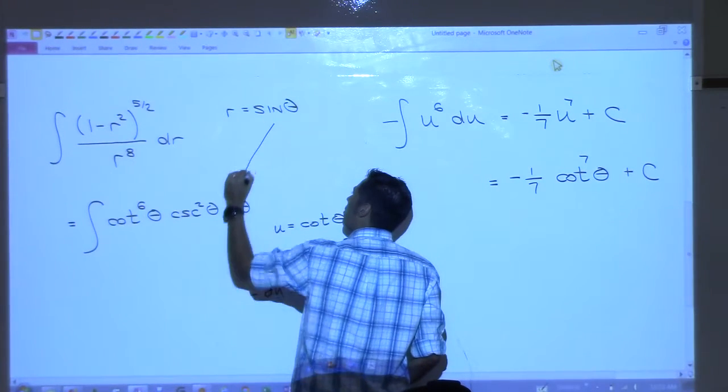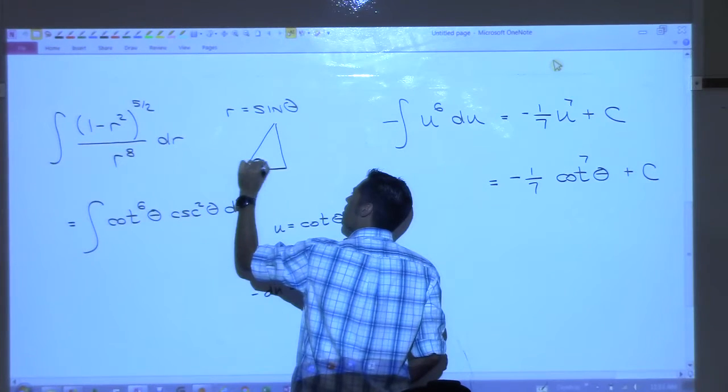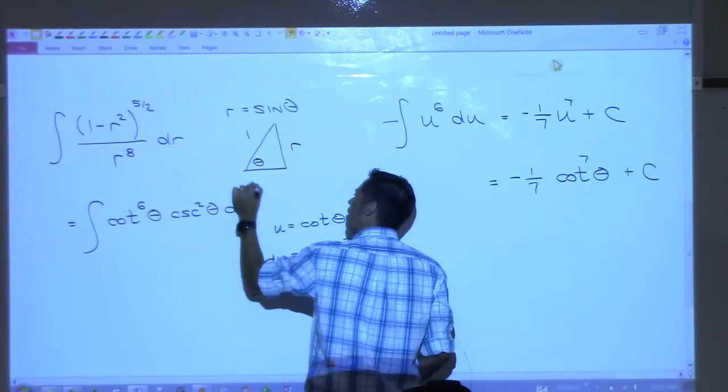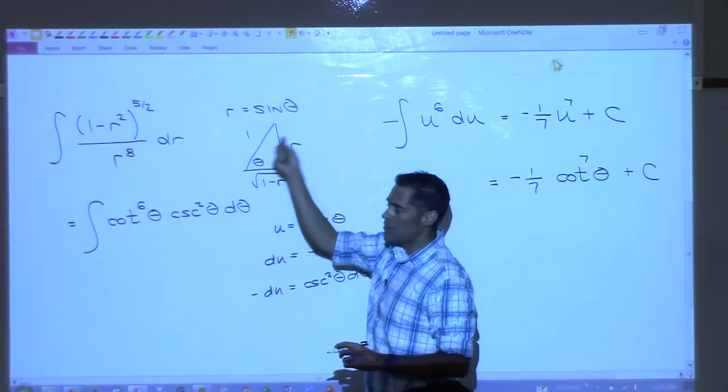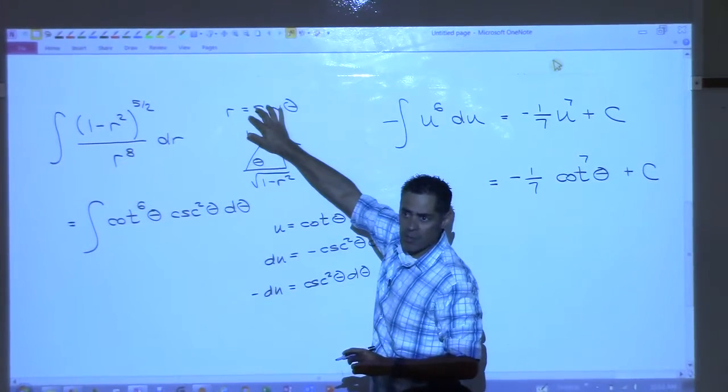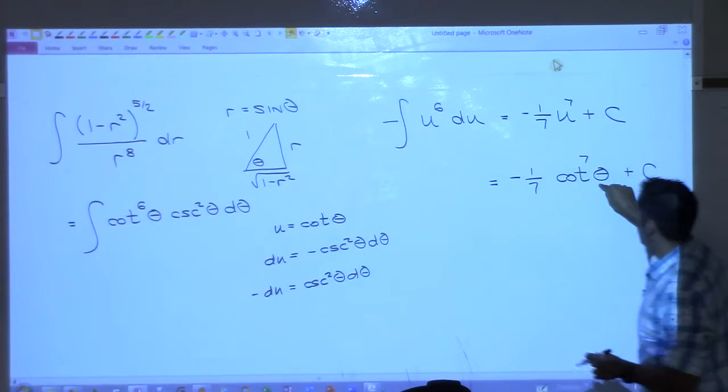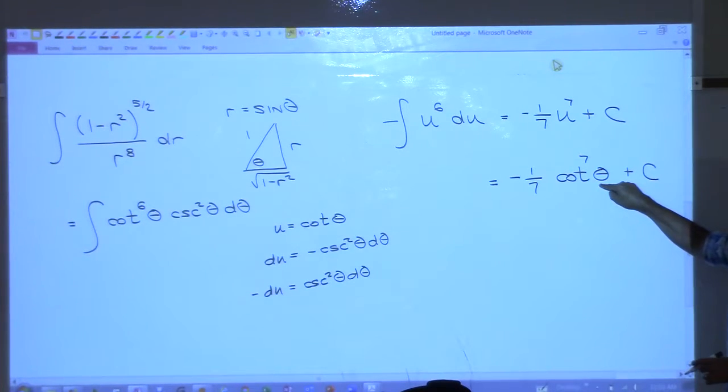And from that, I can do a triangle where this is theta, that means this is r, that's 1, and that's square root of 1 minus r squared. So I can create my triangle off of my original substitution. And cotangent, by definition, is the adjacent over the opposite, right?